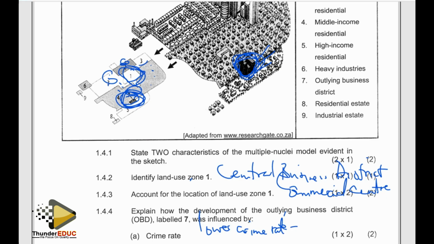Insuring their properties will be costly if there is a high crime rate in the area. So it implies that businesses will favor locating here because it's less costly in terms of insurance payments related to crime. So that is basically what happens with the outlying business district.